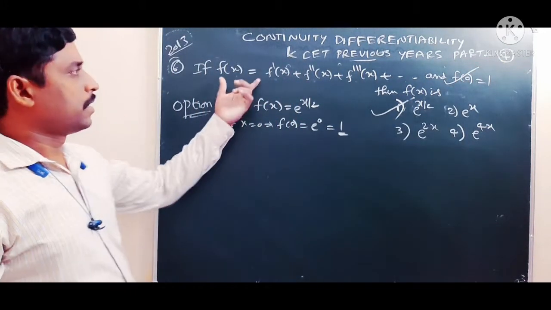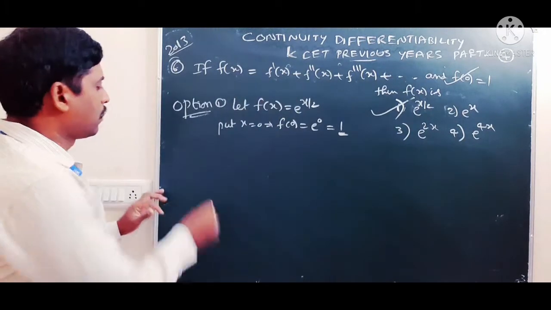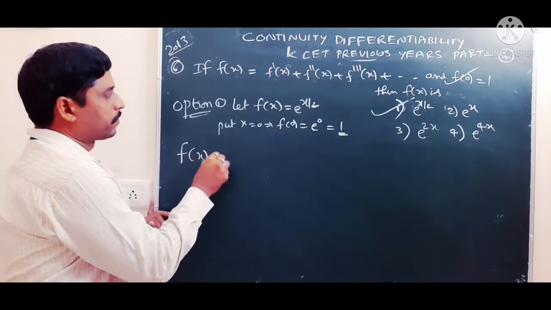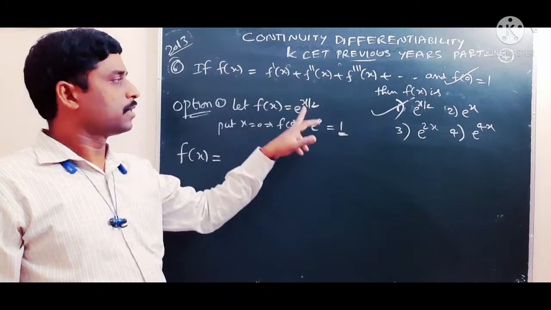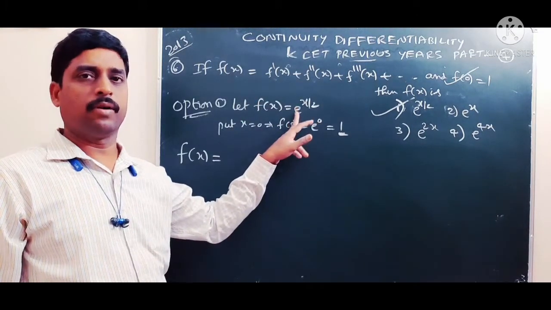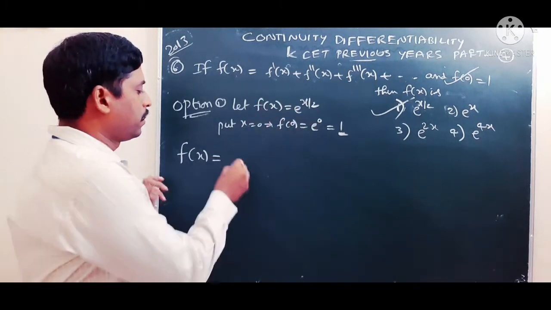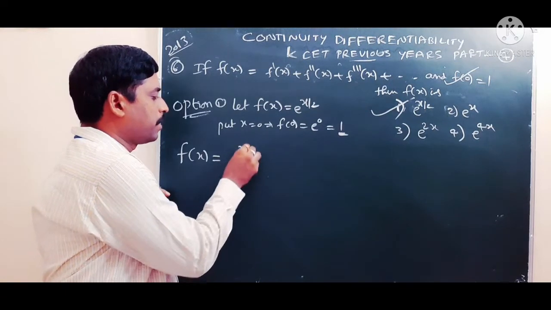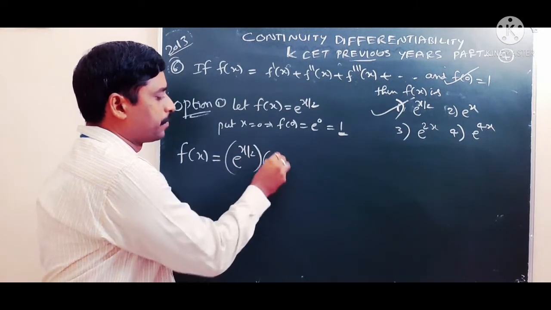Now let us check the first condition. f of x is equal to f dash x plus f double dash x and so on. The derivative of e to the power x by 2 is e to the power x by 2 into 1 by 2.